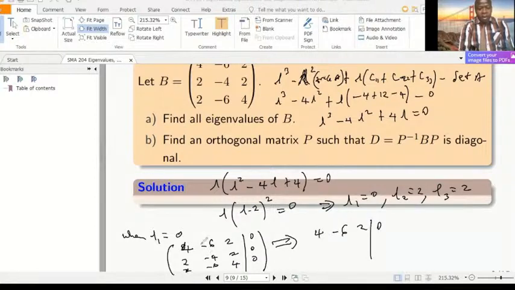Multiply the first row by a half, and subtract from the second row. So this by a half is 2, from that is 0. This by a half is -3, from this I have -1. This by a half is 1, from this I have 1, then 0.